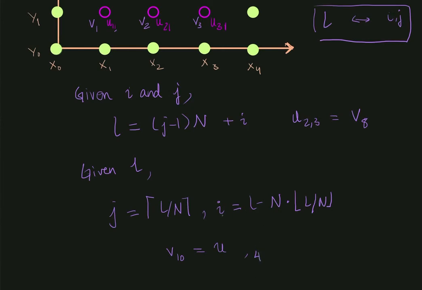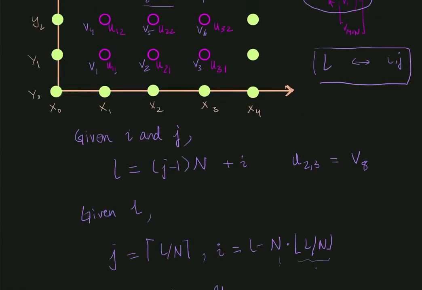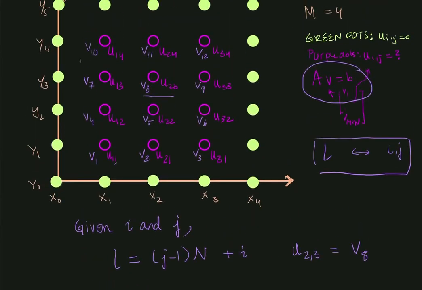And then I take l, which is 10, and n is 3, and l divided by n was 3 point something, rounded down is 3. So I have 3 times 3, which is 9, and 10 minus 9 is equal to 1. So my guess is that v10 is equal to u1,4. Let me check. Well, indeed that is so.